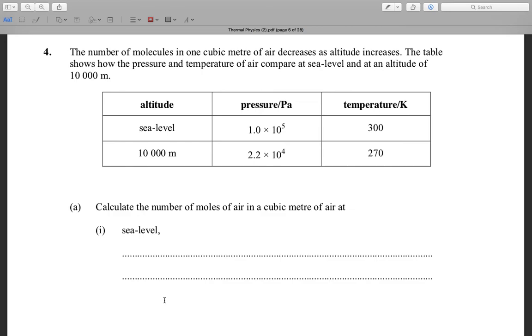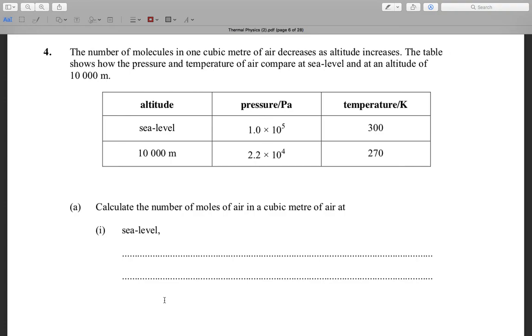Okay, number 4: the number of molecules in 1 cubic meter of air decreases as altitude increases. The table shows how the pressure and temperature of air compare at sea level and at an altitude of 10,000 meter.